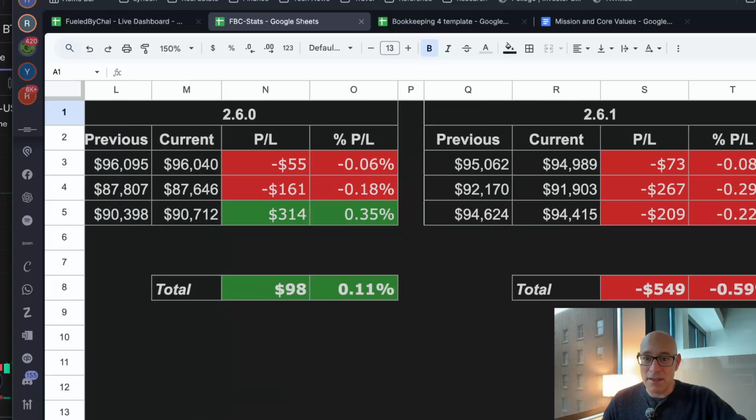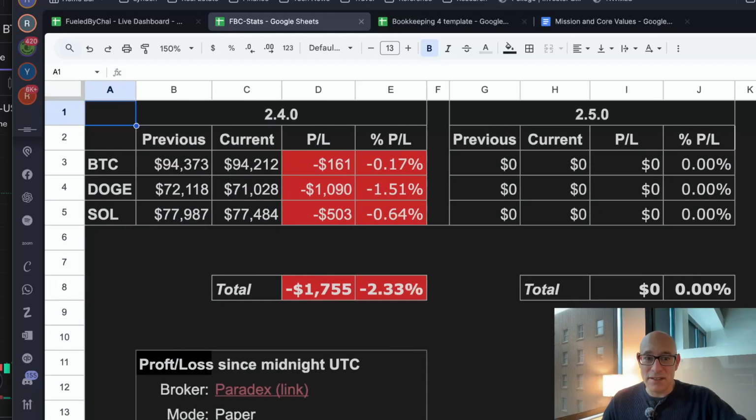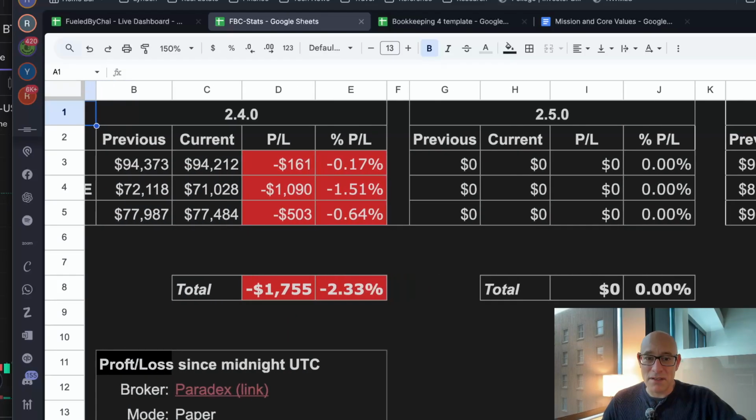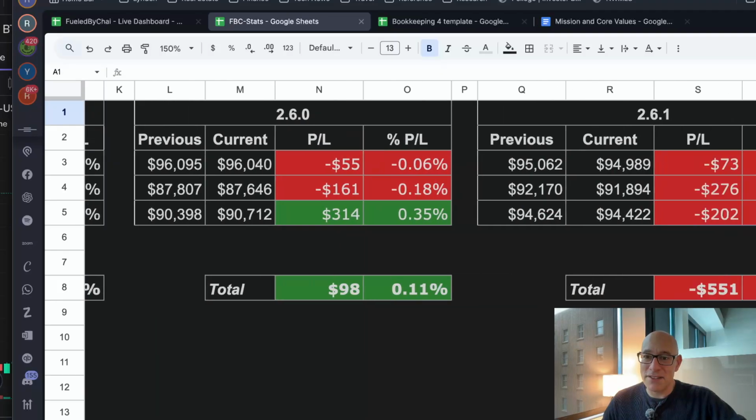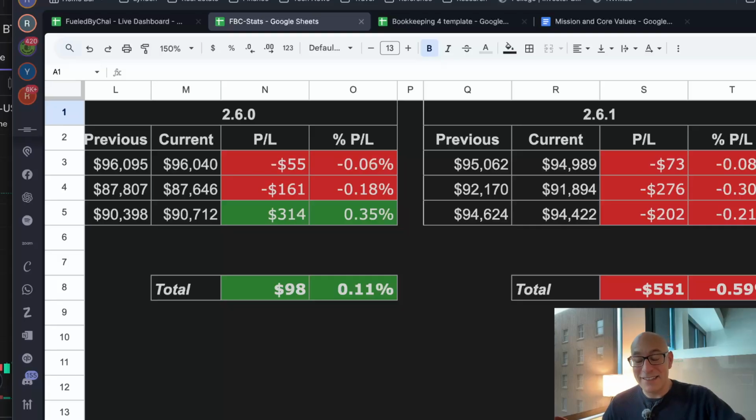And then I've got my dashboard going here. I'll probably be disabling the 2.6 and the 2.4 versions in the not too distant future. I want to collect a little more data on them to compare and see if I can get statistically significant results on the differences between the average daily returns.